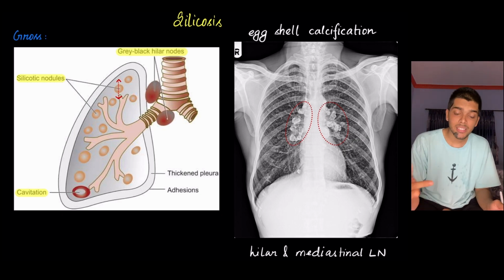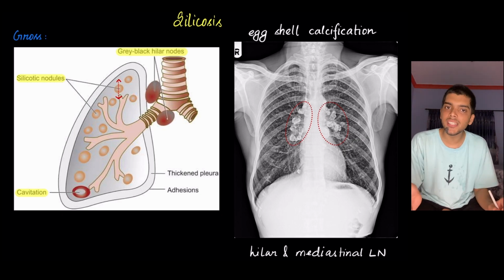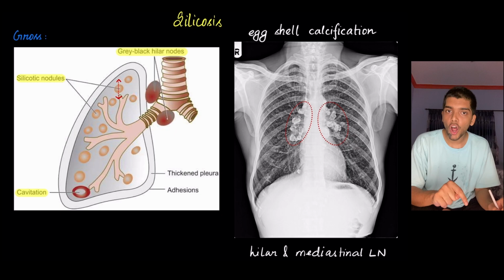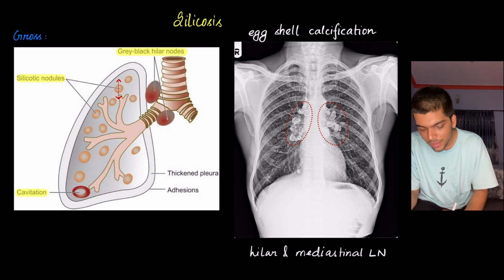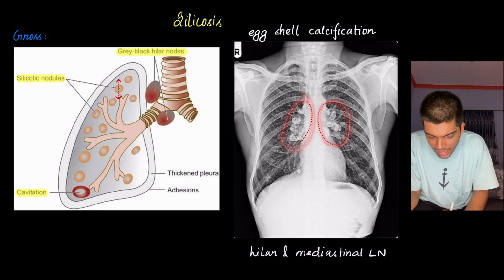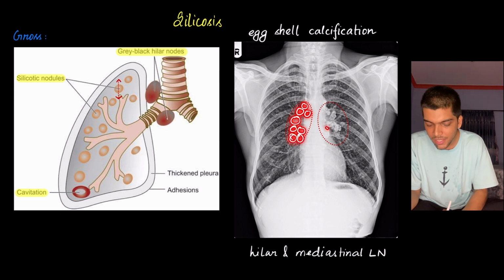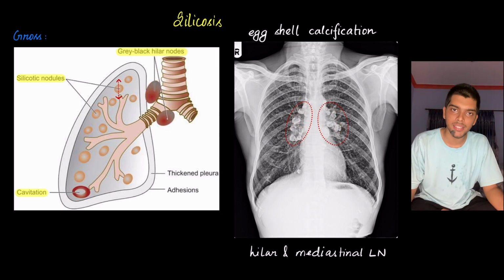This dystrophic calcification of hilar and mediastinal lymph nodes is appreciable under X-ray in the form of eggshell calcification. So you can look at this bunch of eggshell-like structures. This is called eggshell calcification, and this is due to dystrophic calcification of hilar and mediastinal lymph nodes.